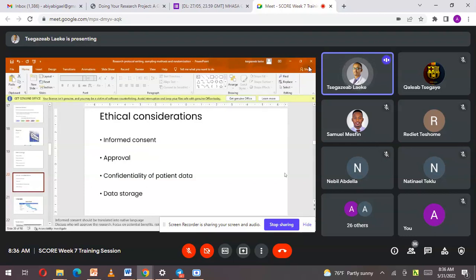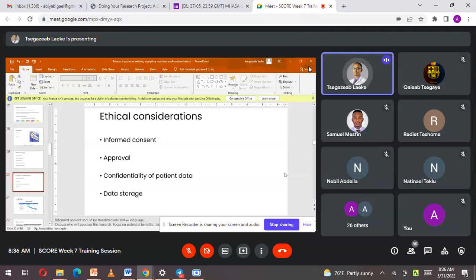Your ethical considerations include that you have to mention clearly that you have to take informed consent. So this is really important. Whenever you have study subjects, they should know the benefits of your research and also the dangers of your research.